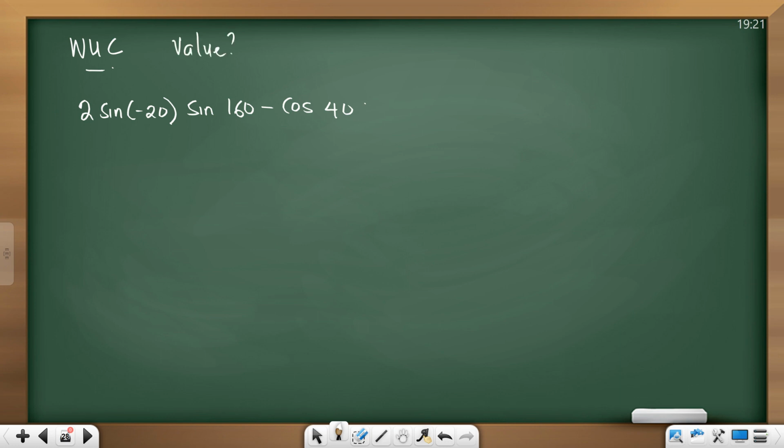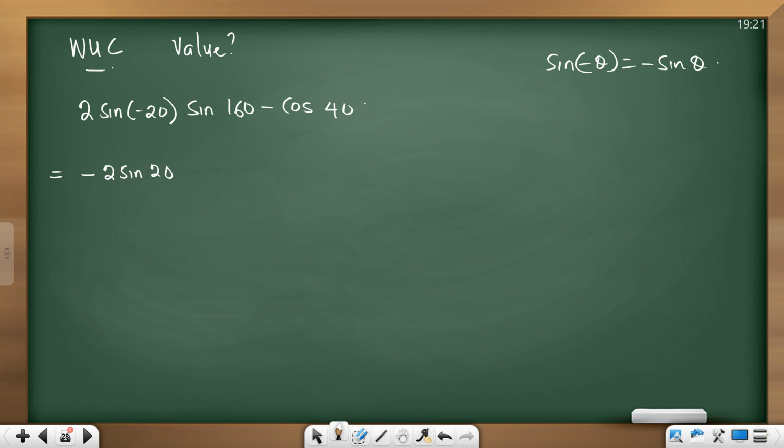All right, let's see. The first thing I'm going to do is work on my sine negative 20. What are the rules I know? Sine negative theta is what? So this is negative 2 sine 20. Can we reduce sine 160?